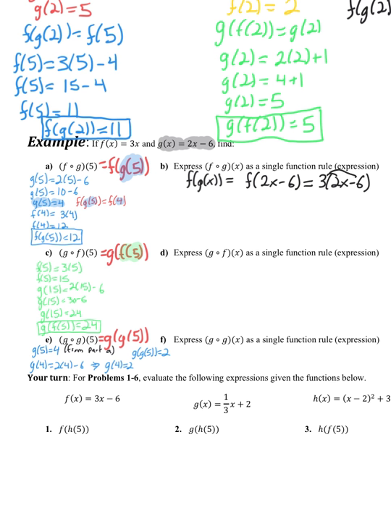3 times 2x is 6x. 3 times 6 is 18. So we get 6x minus 18. That's f of g of x.